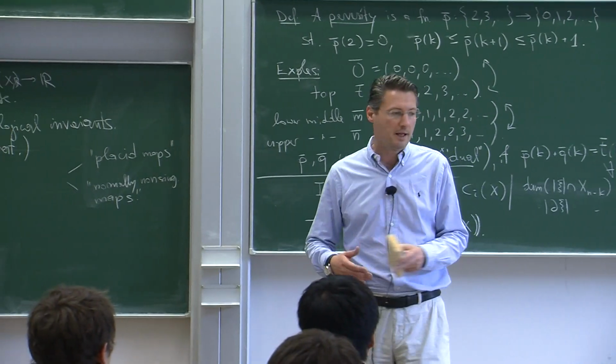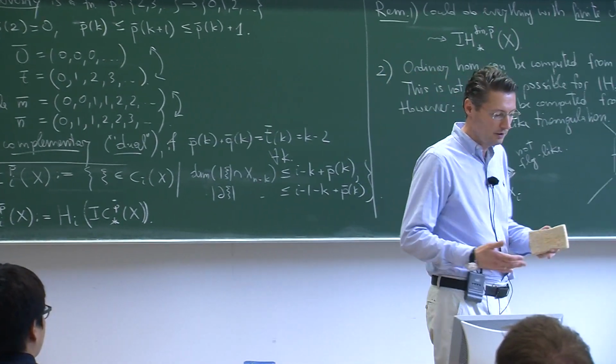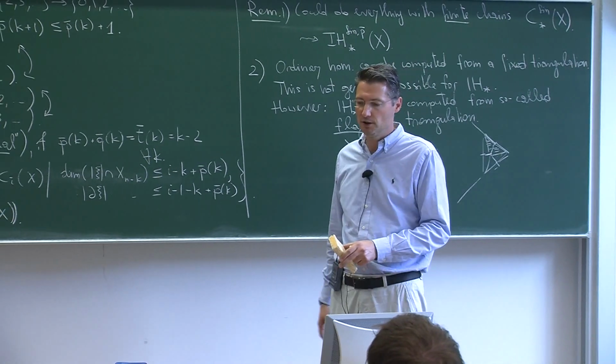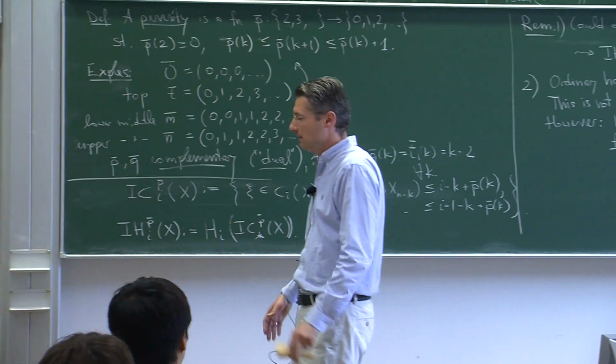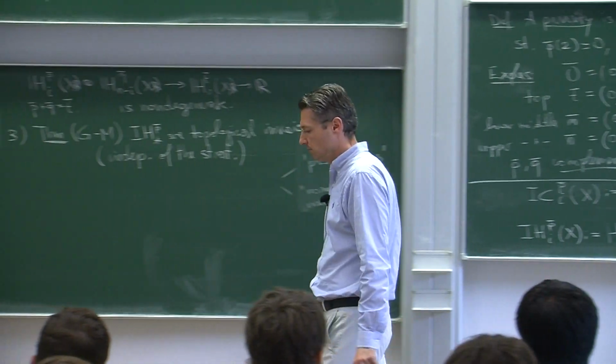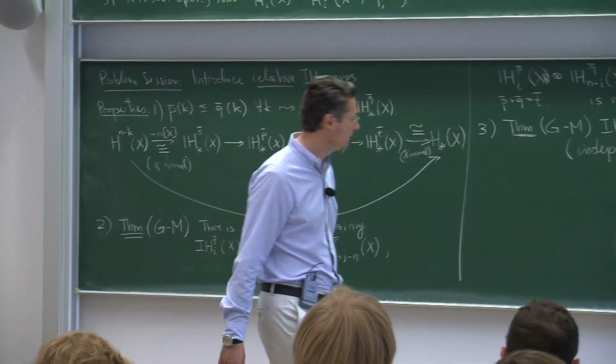It's of course clear that it can't satisfy all of the Eilenberg-Steenrod axioms, because if it did, it would be ordinary homology, which doesn't satisfy Poincare duality. So some of the Eilenberg-Steenrod axioms must fail. For example, what fails is homotopy invariance.